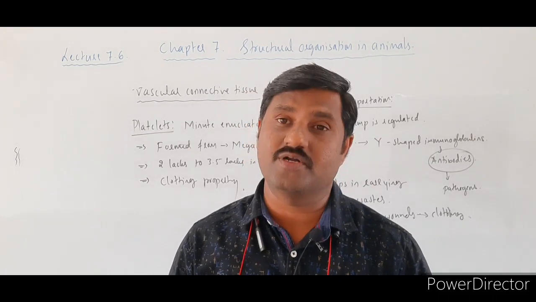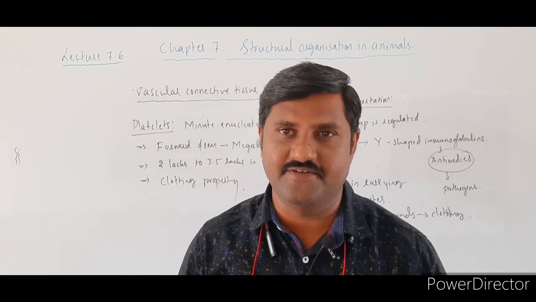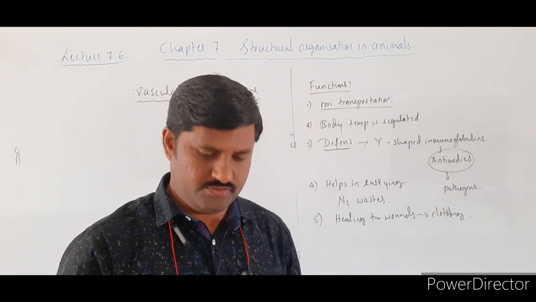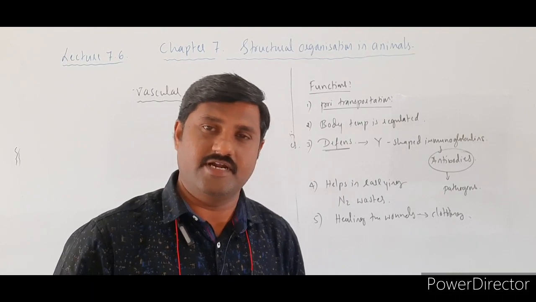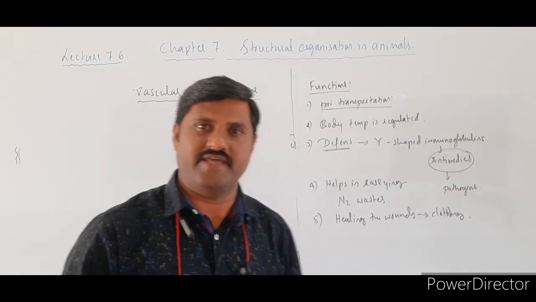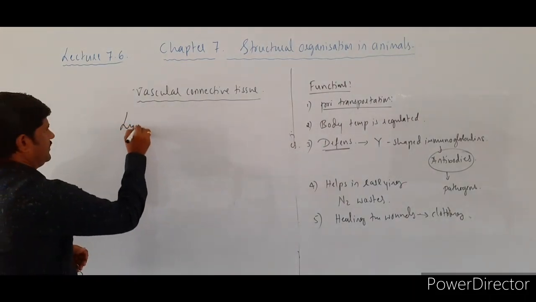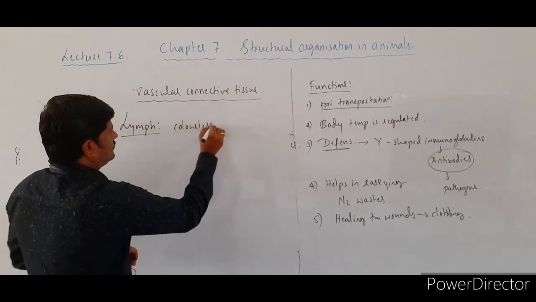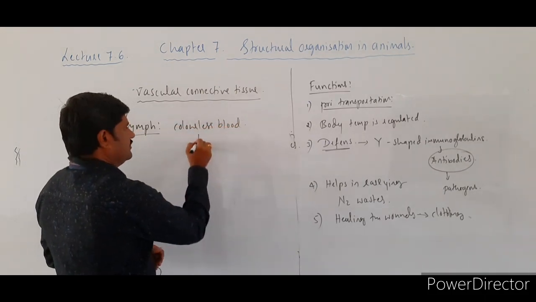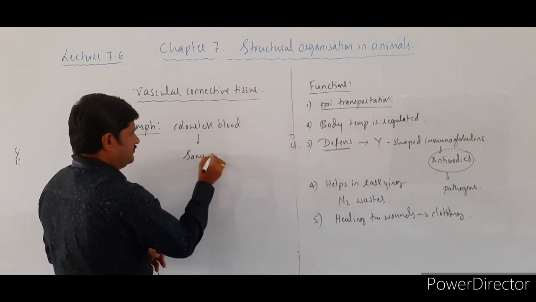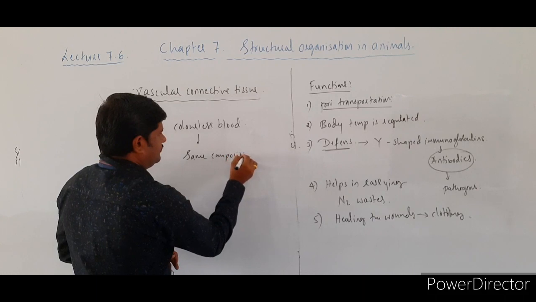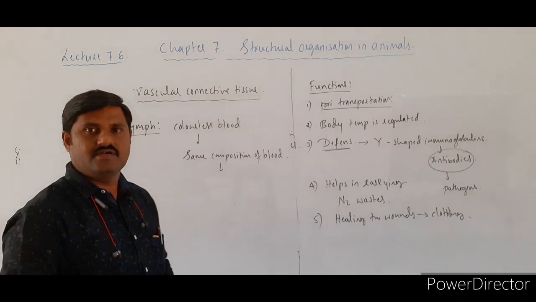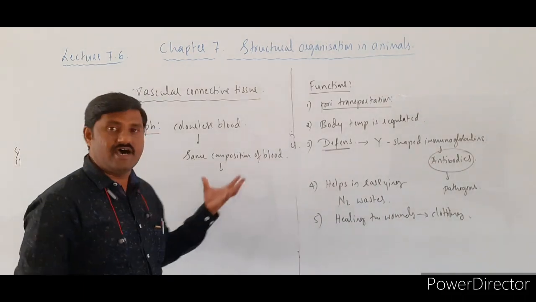This is all about blood, and one more is there, that is lymph. There is no need to study this in a detailed manner, so shortly I would like to explain what lymph is. Lymph is commonly known as colorless blood because it has the same composition as blood, but it doesn't have RBCs as well as large proteins.